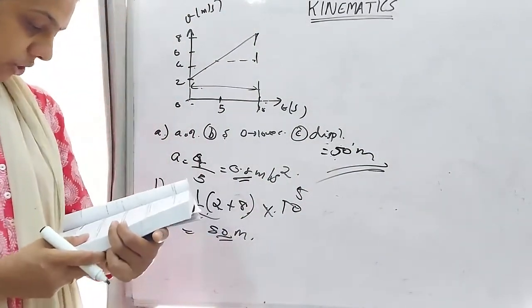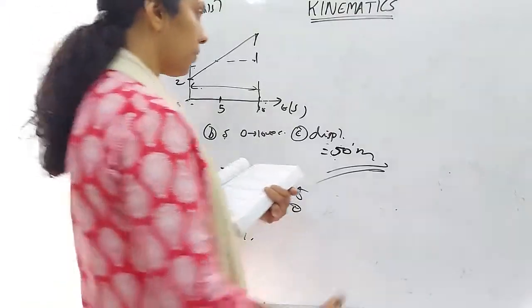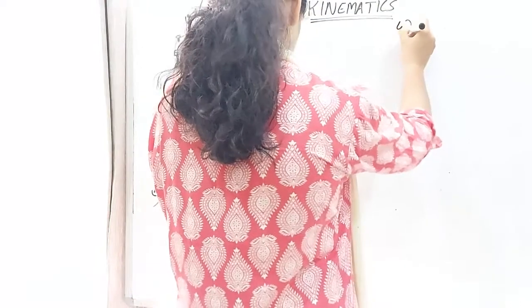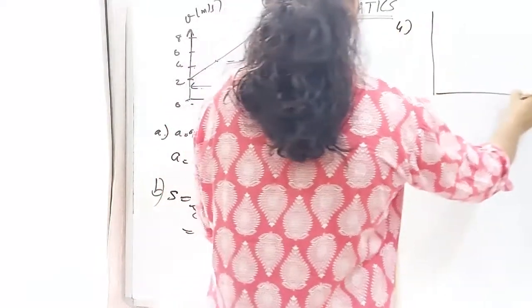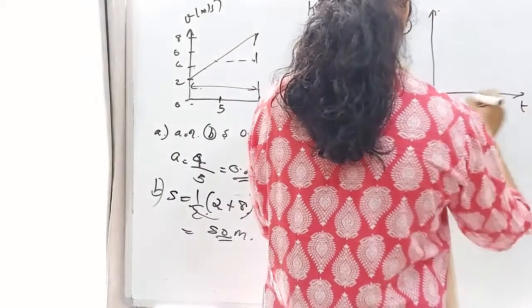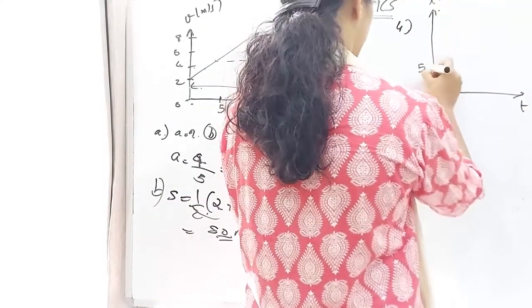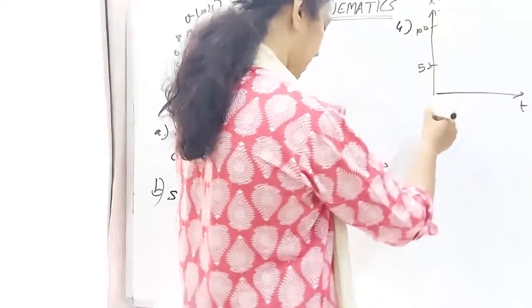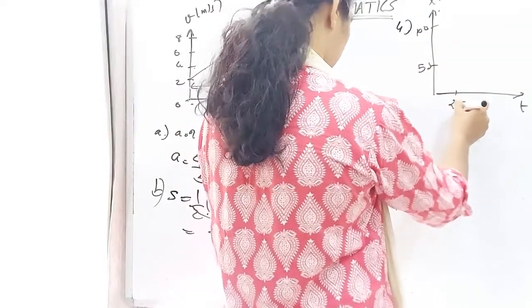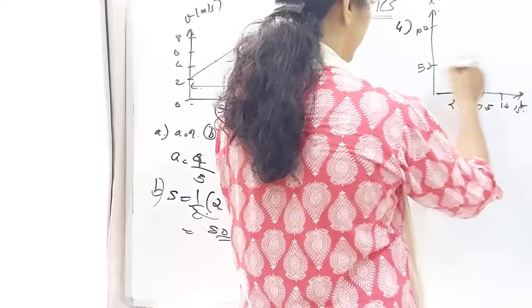Then next question. The figure shows the graph of the x coordinate of a particle as a function of time. Here time is given in seconds, and here x in meter. Here it is 50, and here it is 100 meter. Then here 2.5, 7.5, 10, and here 15.